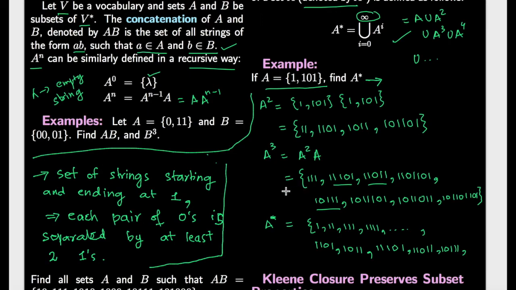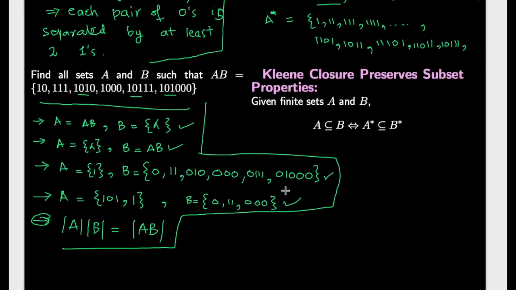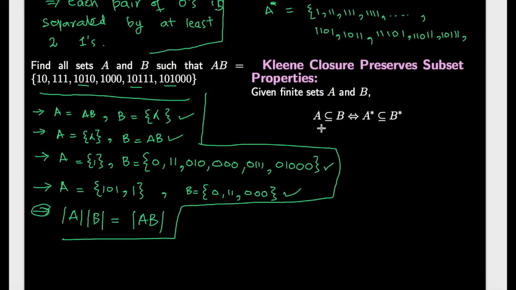Okay, now let's see another property of Kleene's closure. The property is that if A is a subset of B, the Kleene's closure of A is also a subset of the Kleene's closure of B. Now, how can we say that?